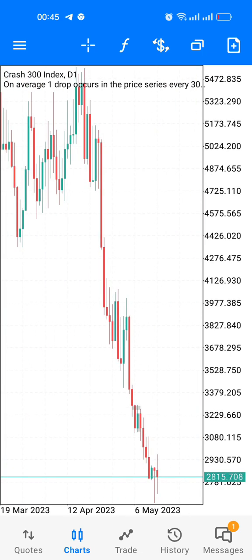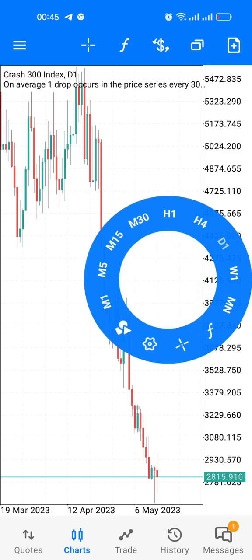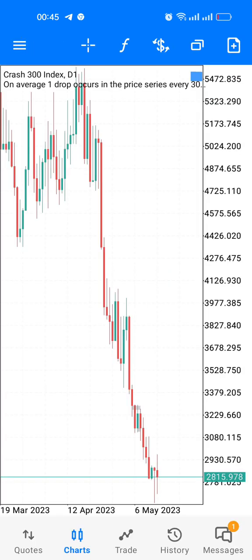I just want one I can use as an example. Let's see. Base sell we have here. I see a base here.